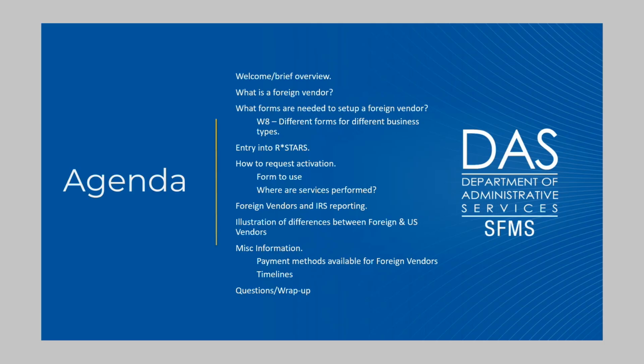I'm going to talk about foreign vendors and IRS reporting that SFMS does. Illustration of the differences between foreign vendors and U.S. vendors, because there are differences. And then we're going to talk about some miscellaneous information, payment methods available for the vendors and timelines. And then we're going to do some questions and wrap up.